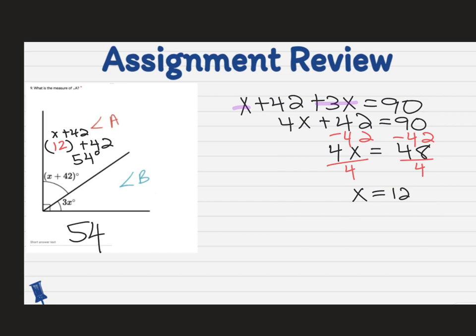If you wanted to check angle B to make sure you did it correctly, B says it's 3x. So if we replace the x with 12, that would be 3 times 12, which gives us 36 degrees. And 54 degrees plus 36 degrees gives us 90 degrees. So we get our complementary angle of 90.